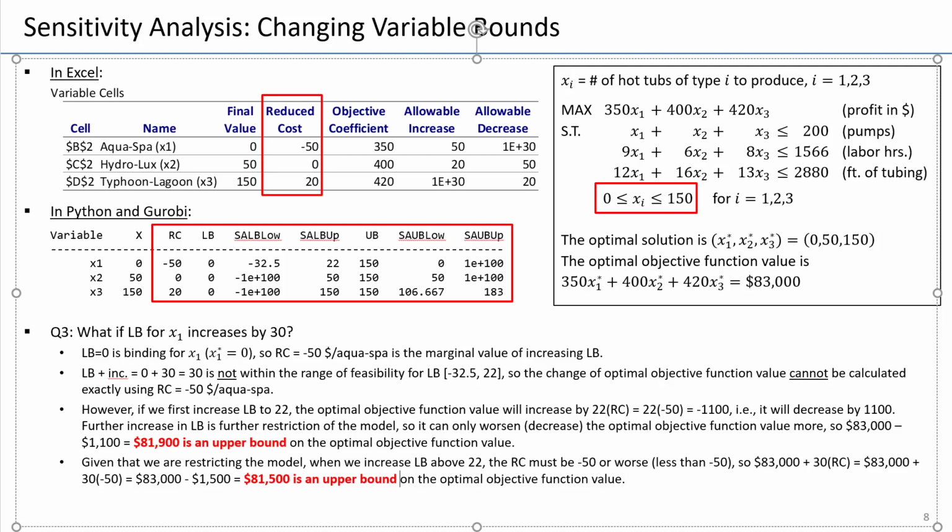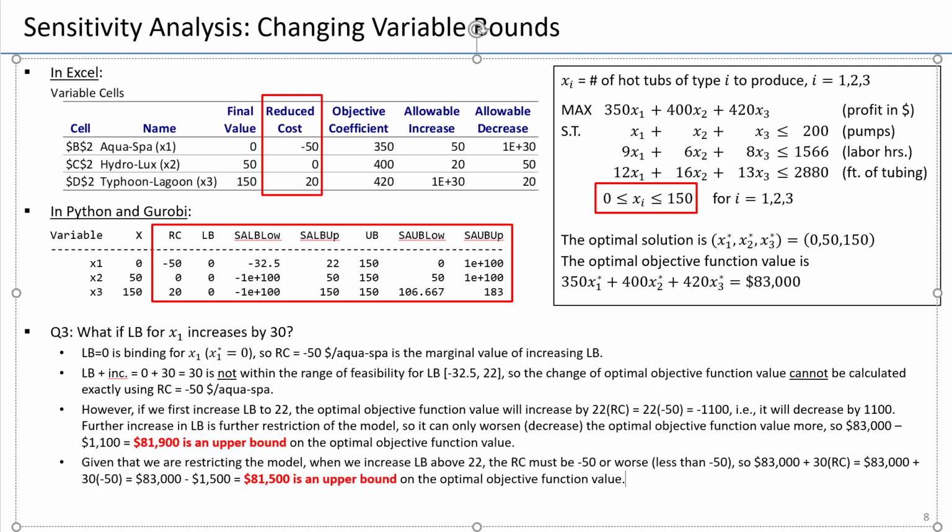So by this principle, the best possible value I might be achieving is this, maybe it's even worse. So if you put those two together, this is a stronger upper bound, so we should expect at most 81,500. And as before with right-hand sides, when we were beyond the range of feasibility, we could determine at least an upper bound, and now we also can determine at least an upper bound on the optimal objective function value.